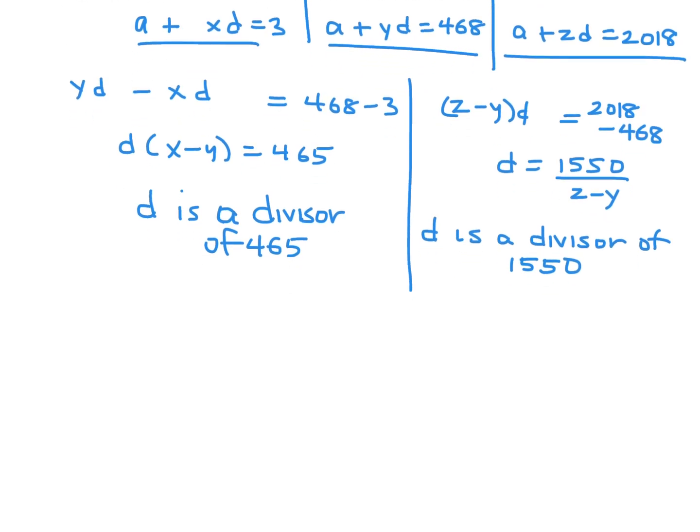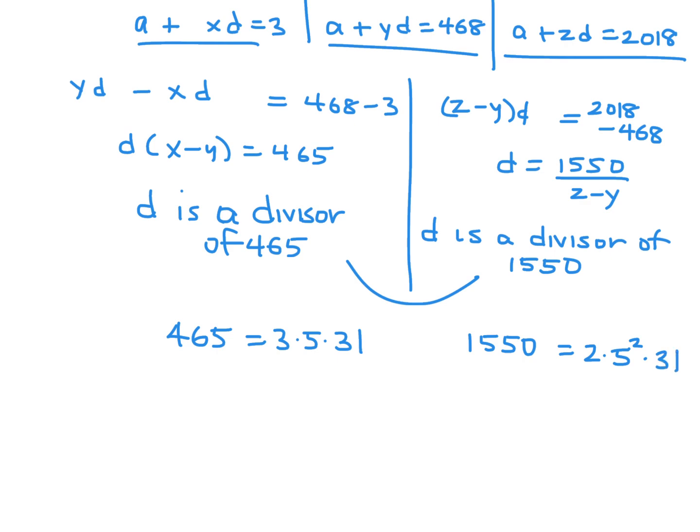So since it's a divisor of both 465 and 1550, we've got to find the common divisors. Okay, so what is 465? First of all, it's 3 times 5 times 31. And what's 1550? It's 2 times 5 squared times 31.